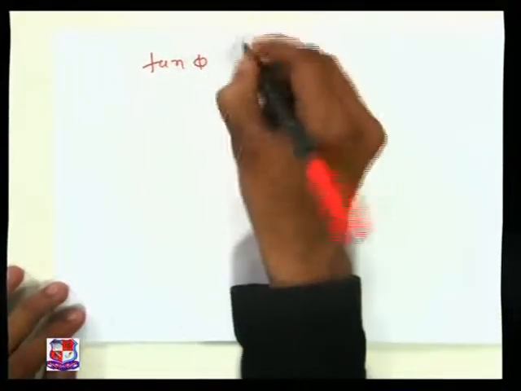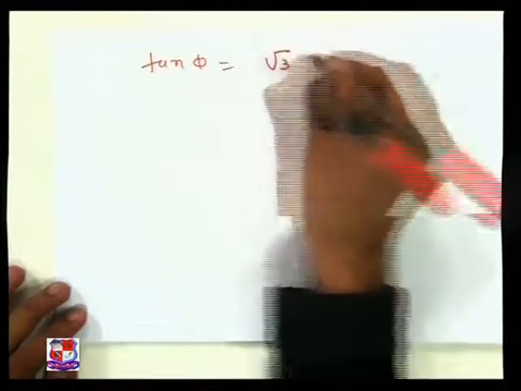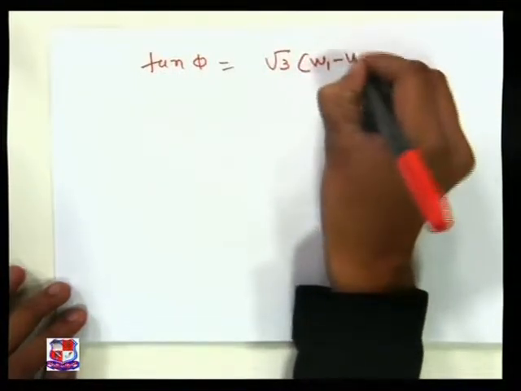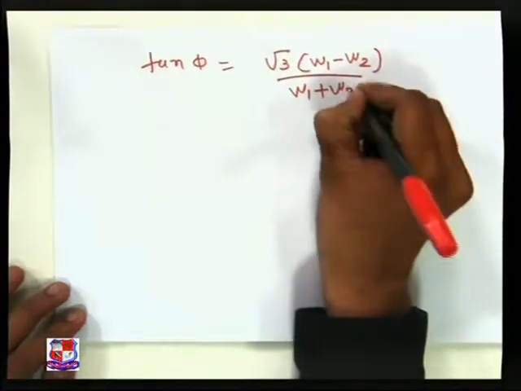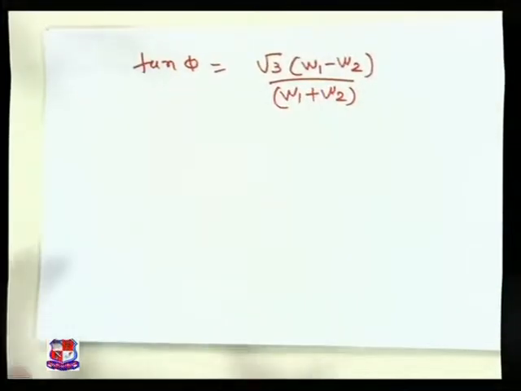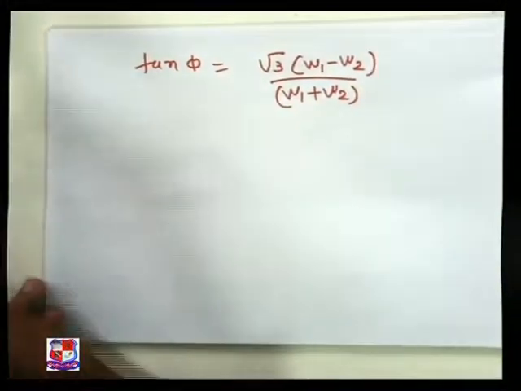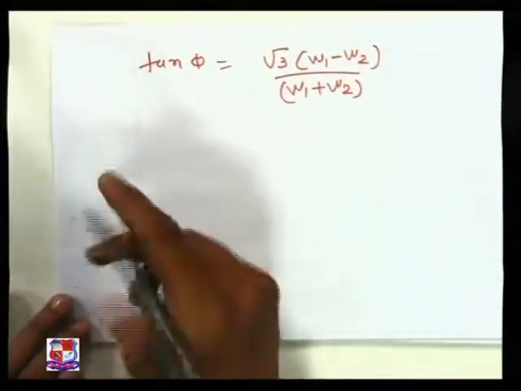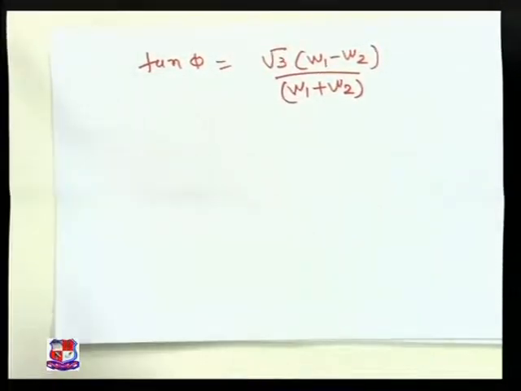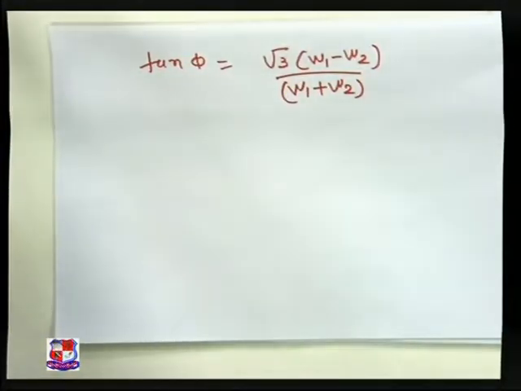From our last session we get the equation tan phi is equal to root 3 times W1 minus W2 upon W1 plus W2, and the power factor will be leading or lagging. I proved this equation for the effect of the power factor being leading or lagging.